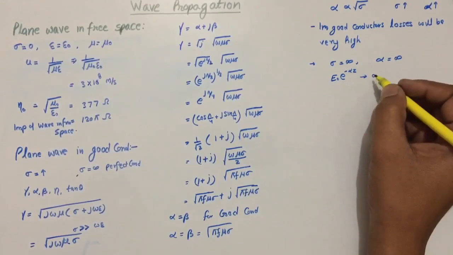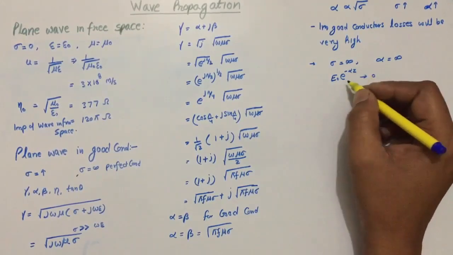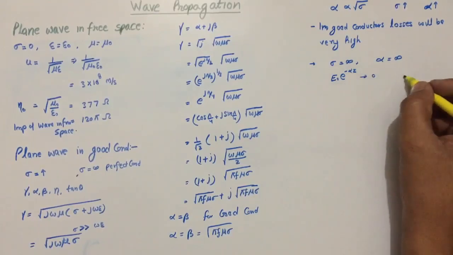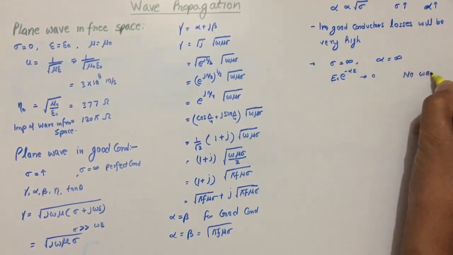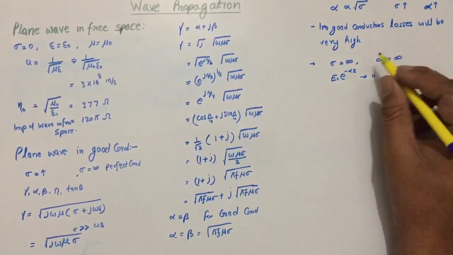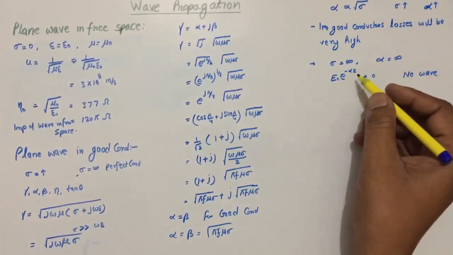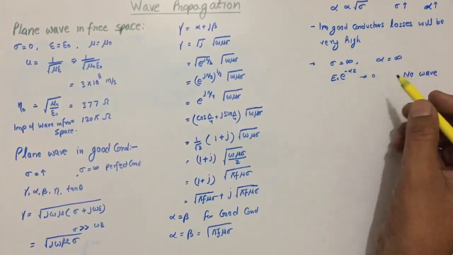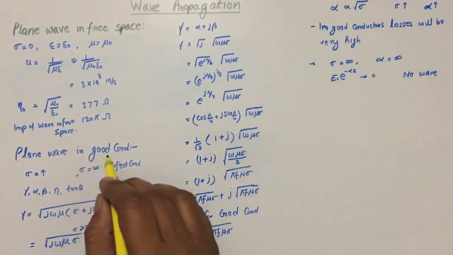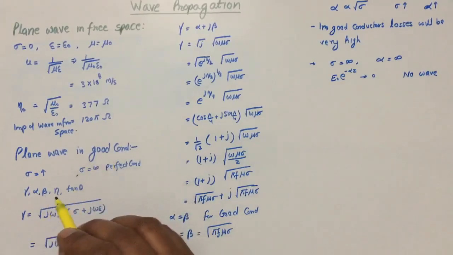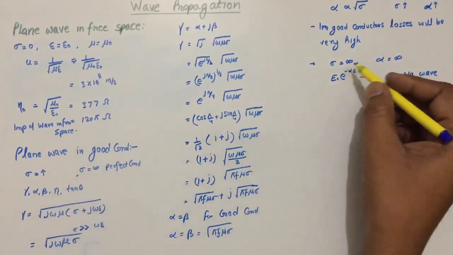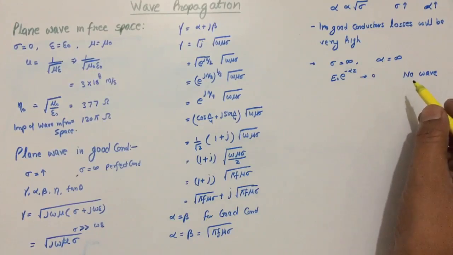What does it mean? Amplitude is 0. It means there is no wave. In this way, we can say the electromagnetic wave cannot travel inside a perfect conductor.